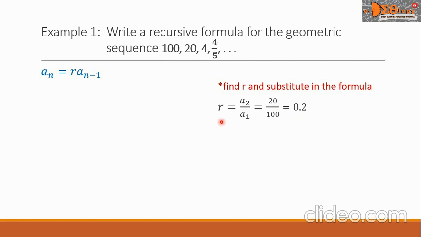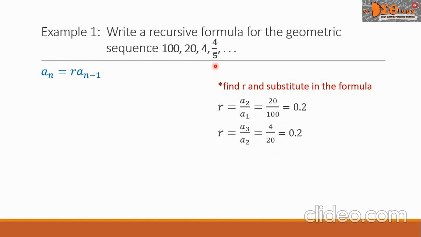Or let us check for other pair of consecutive terms. This time, let's have a sub 3 over a sub 2, and that will be 4 over 20. And this value is also 0.2.